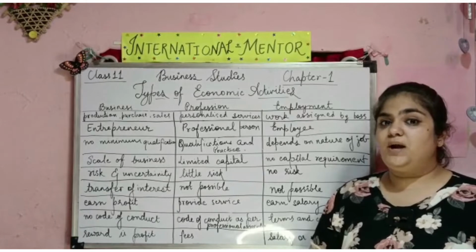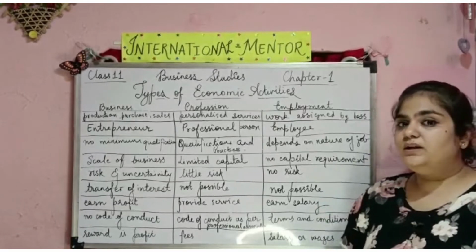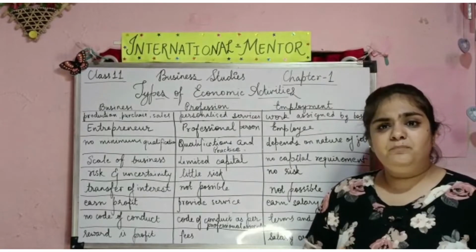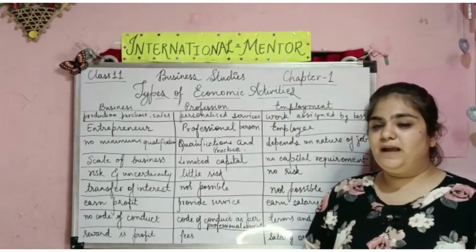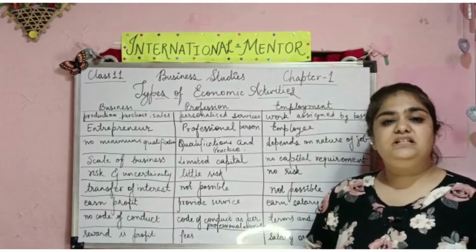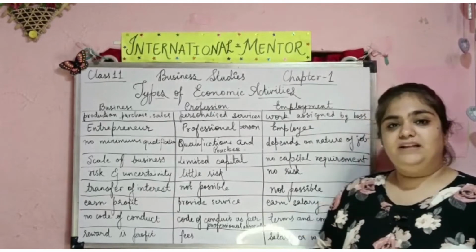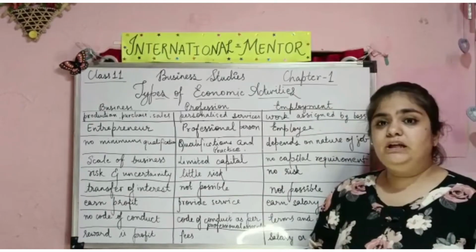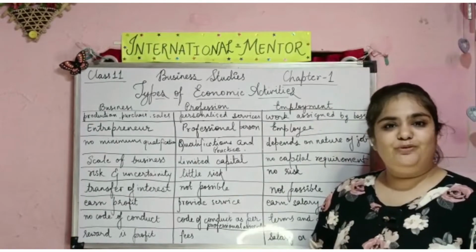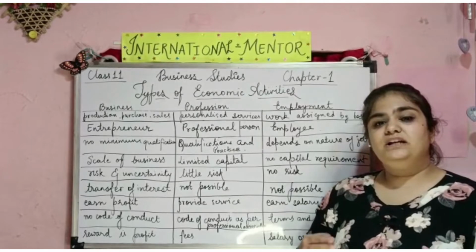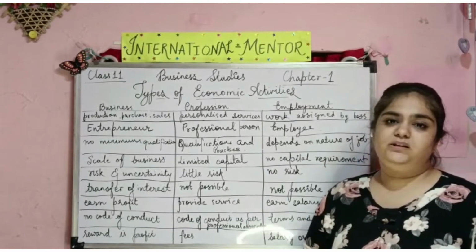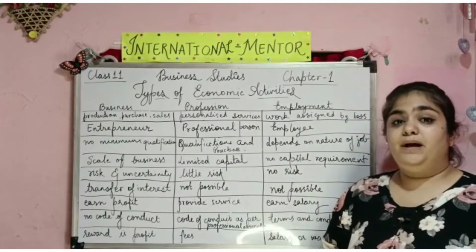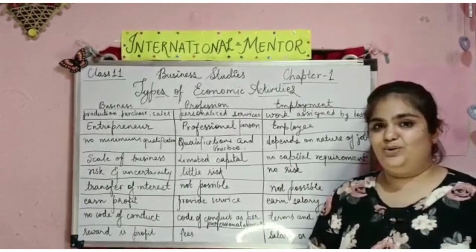The risk which comes in the profession is the quality of services we are providing to the customer. The fees or the charges they are paying for the services, if the customer is not satisfied, that would be a problem for the professional, as it would degrade their value and goodwill in the market. In employment, there is no risk, but there can be a little risk here also.